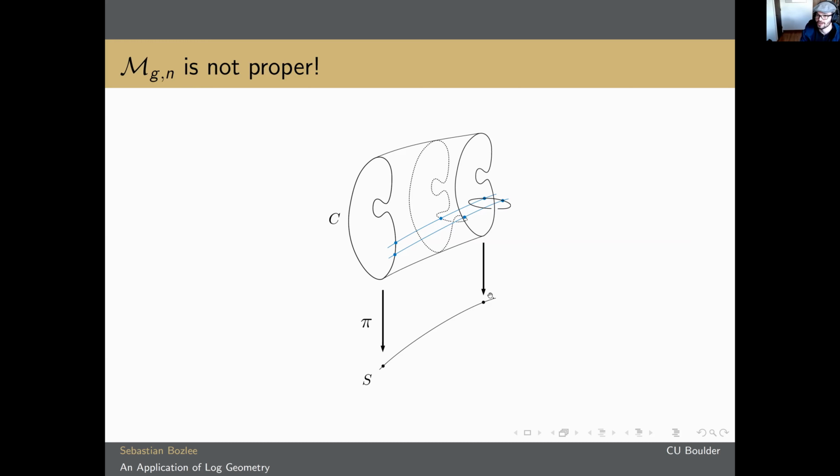If we delete this point, we'll have a family of curves that lands in M_{g,n}. But then this last one, the limit that we really want to have, isn't in there. So just like with our example with the paraboloid and the missing parabola, there's no way to fill in that missing curve without using a singular curve. Proper things are nice, so we don't like this. We're going to want to look for proper moduli spaces that contain the smooth curves.